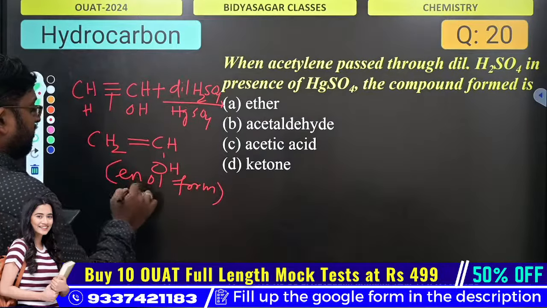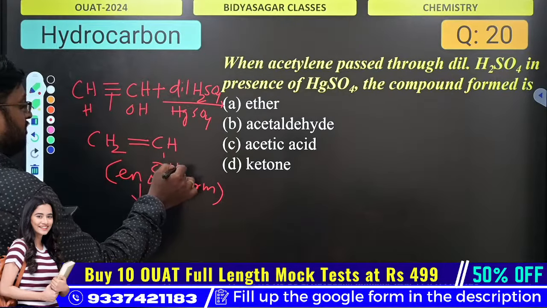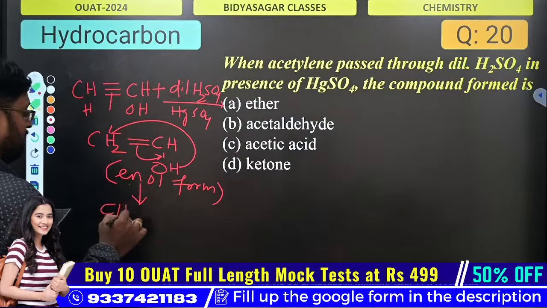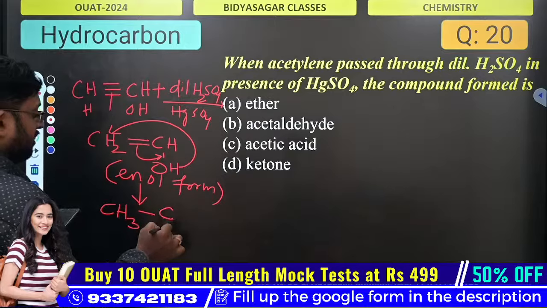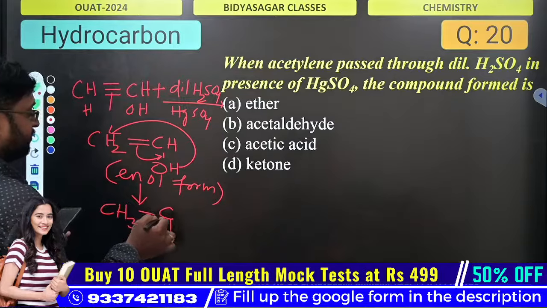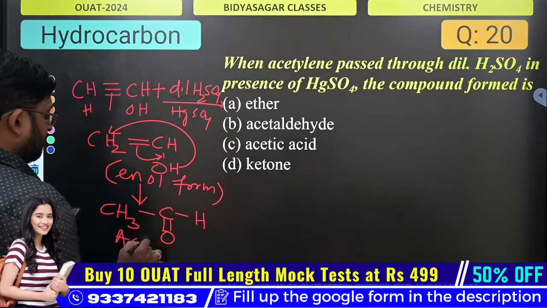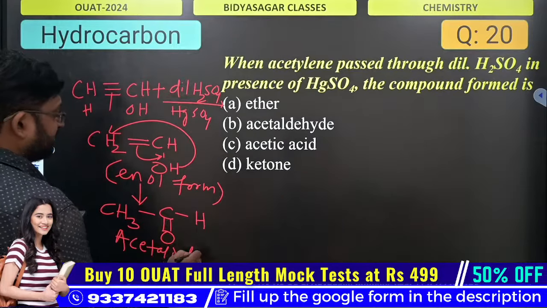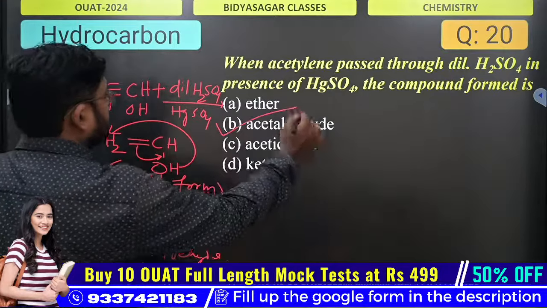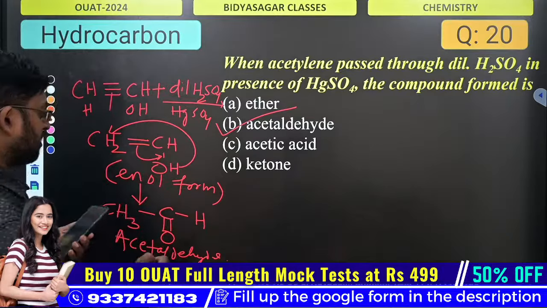This is the enol form, which is converted to the keto form. So the H will come here and the double bond will come here. So it will be converted into CH3 CHO, acetaldehyde. So option B is the correct answer.